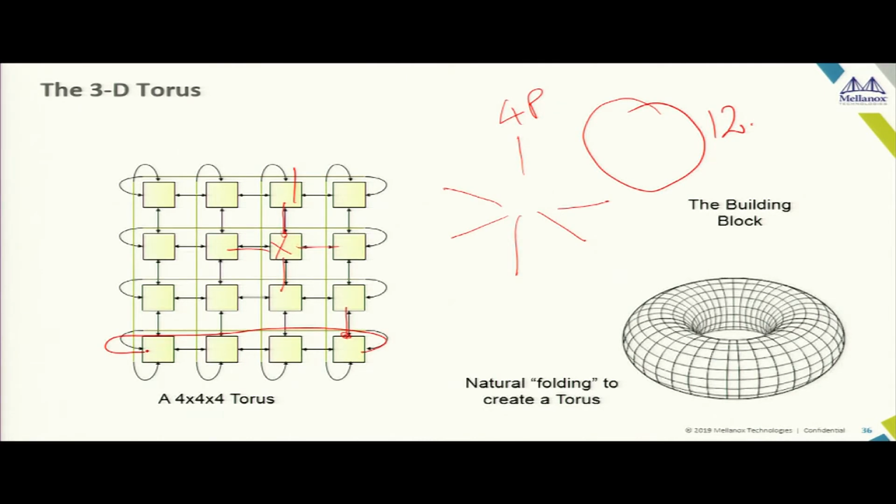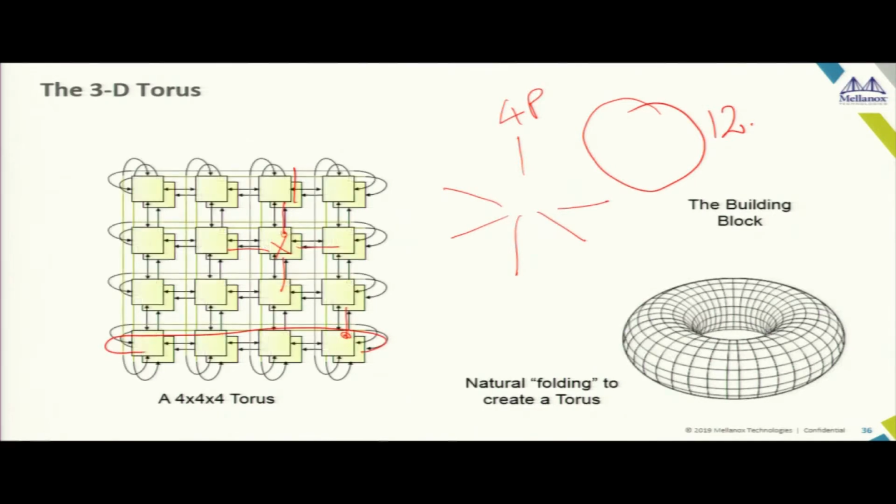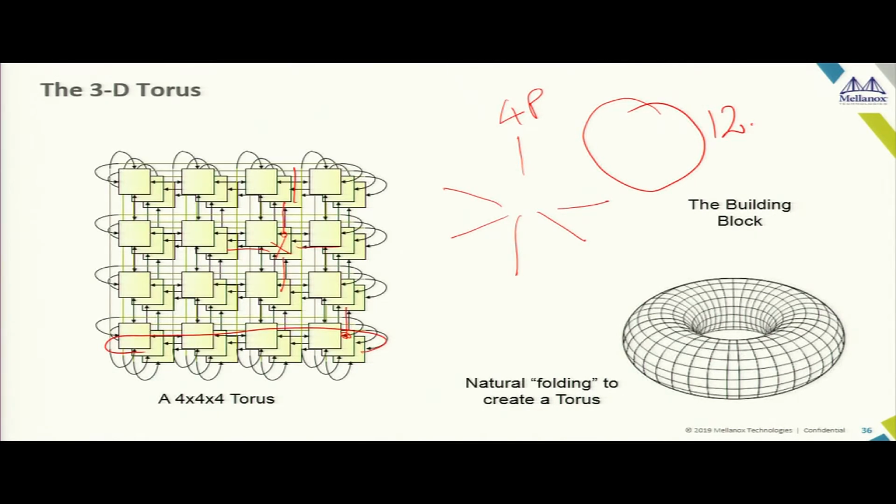If you look at a 3D torus, it looks like this, because you have these switching elements completely folded together. This topology has certain characteristics. It has a decent amount of bandwidth between the switches. The characteristics are more related to very good nearest neighbor communication.